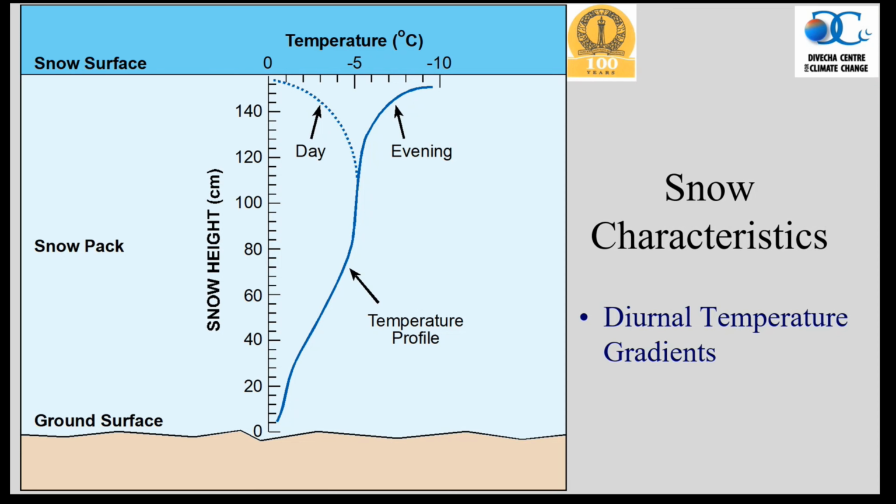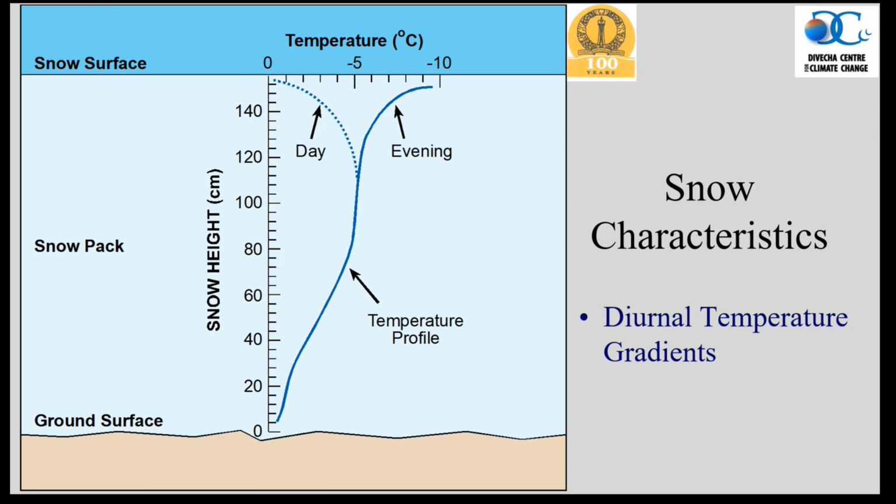Again the surface goes very low, and there is a temperature gradient. So there is a variation in diurnal temperature gradient, creating metamorphism processes which are much stronger in the active layer.